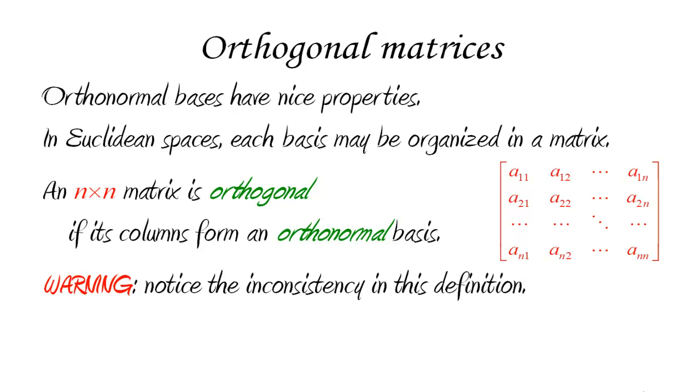Notice that there is a bit of an inconsistency in this definition, right? We say that a matrix is orthogonal if its columns form an orthonormal basis. So this matrix is orthogonal if its columns are not only orthogonal to each other, so dot product equals 0, but also if their length is equal to 1.